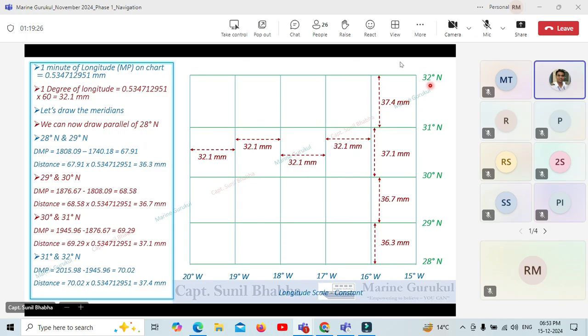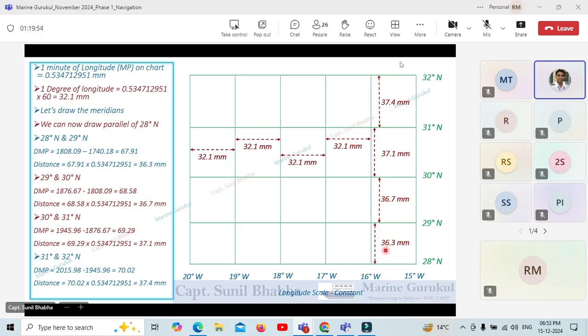So keep it clear in your mind the definition of DMP. DMP is the difference of meridional parts, or the number of times 1 minute of longitude can be placed between the two latitudes. So once you have the DMP and you have the length of 1 minute of longitude, the distance between any two parallels can be easily calculated.